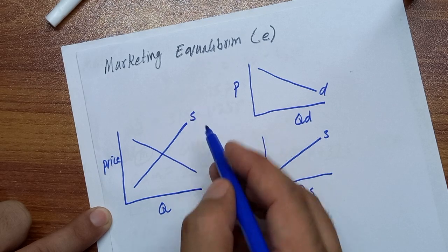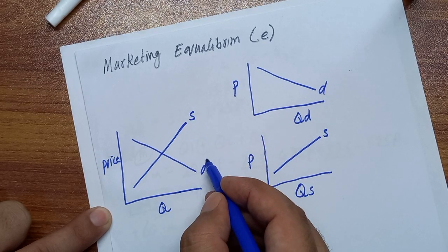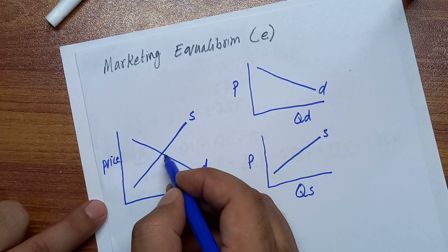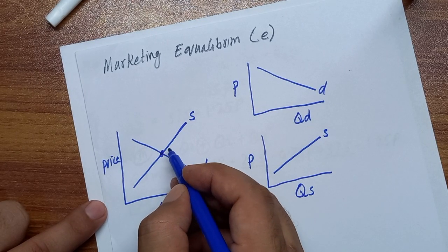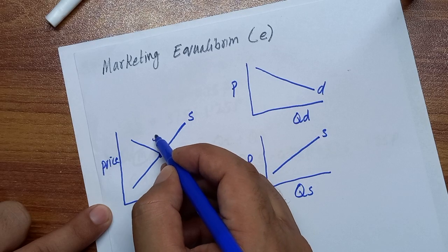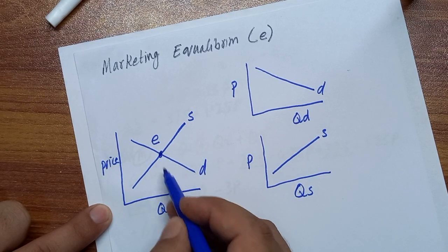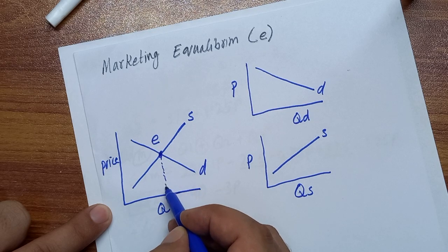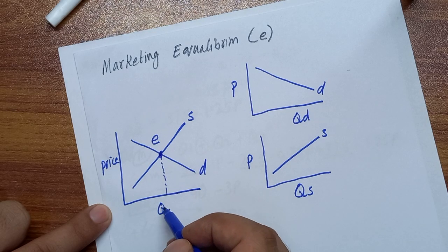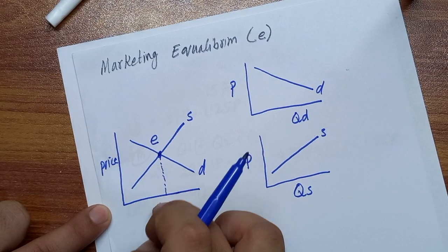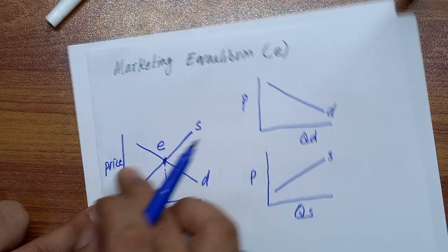The place where these two lines intersect with each other is called market equilibrium. At this point, the quantity of demand is equal to the quantity of supply.